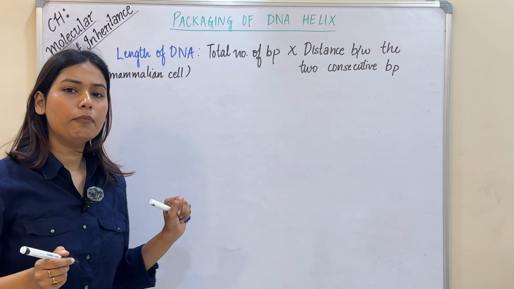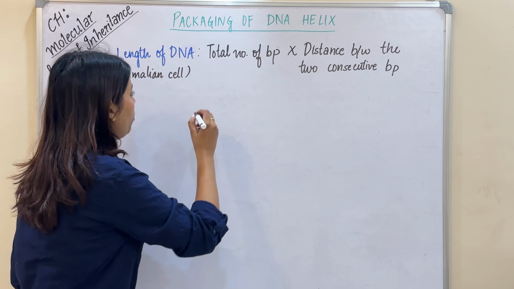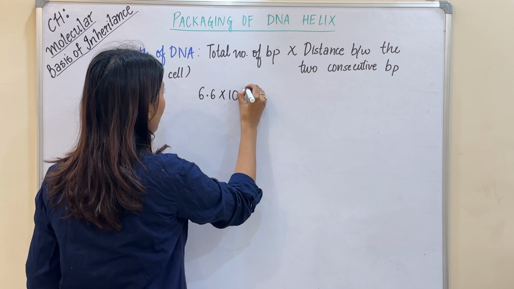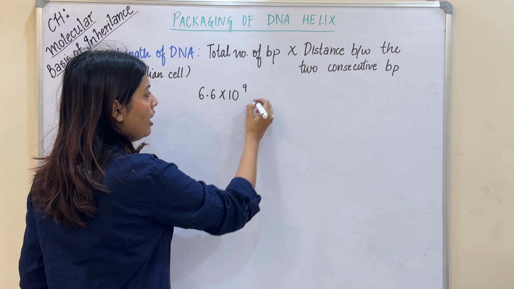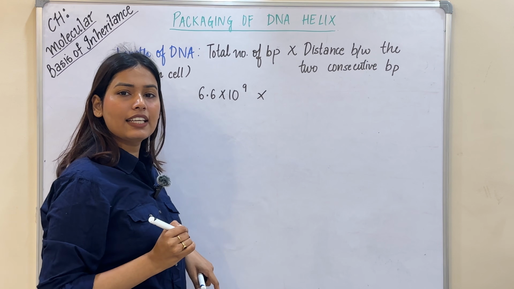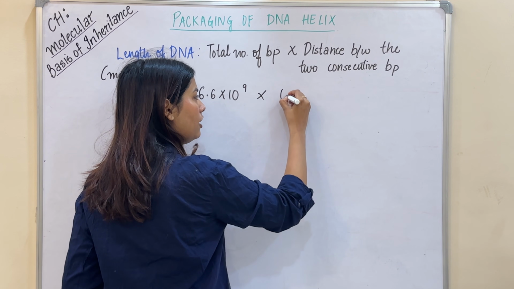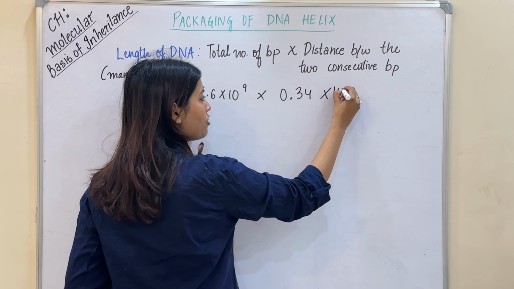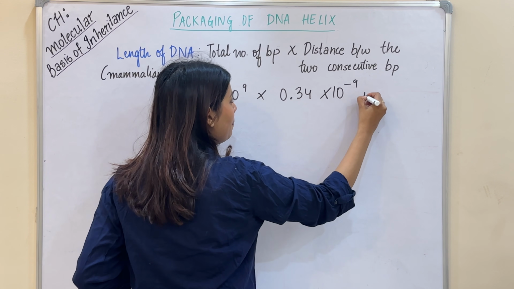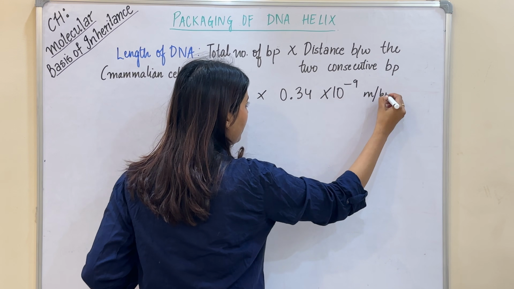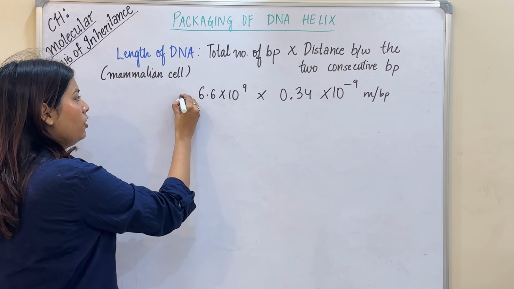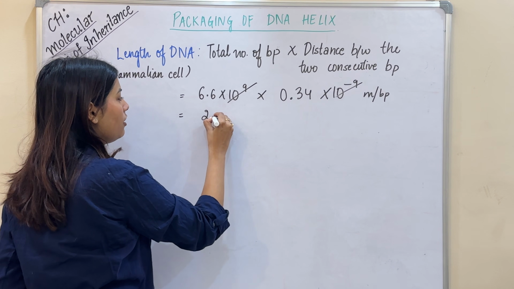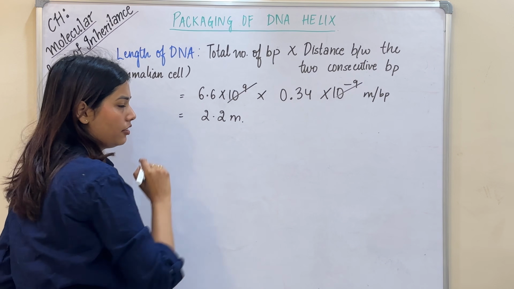So what was the total number of base pairs in a mammalian cell? It was 6.6 into 10 raised to power 9 base pairs. And what was the distance between the two consecutive base pairs? It was 0.34 into 10 raised to power minus 9 meter per base pair. So this cancels out and the answer will be 2.2 meter.